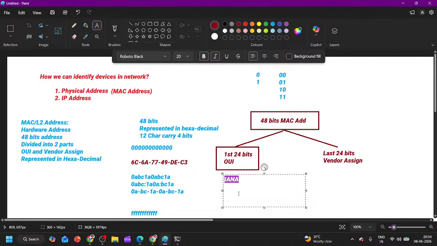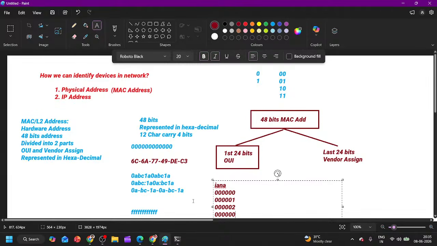It is a non-profit organization which manages IP, port, MAC addressing on the internet. Done. So let's suppose this organization has some OUIs. The very first OUI is, let's suppose, 2, 4, 6. And the second OUI is 1, 5 times 0, 1, 5 times 0, 2, 5 times 0, 3, like this.